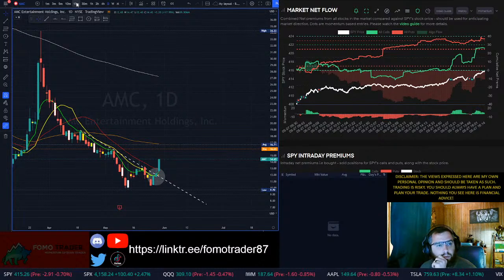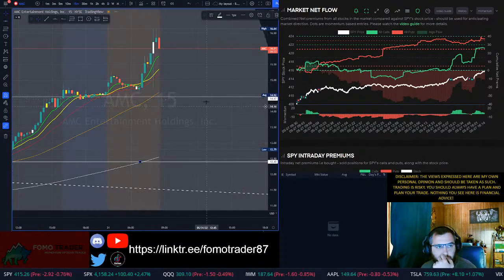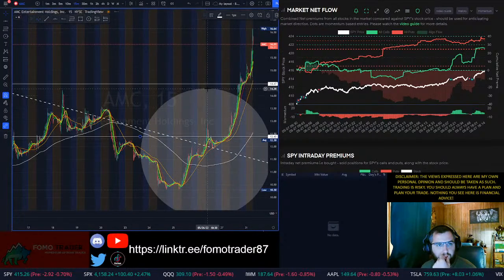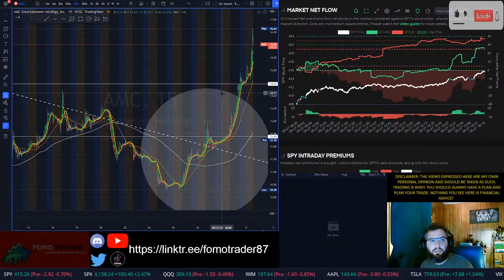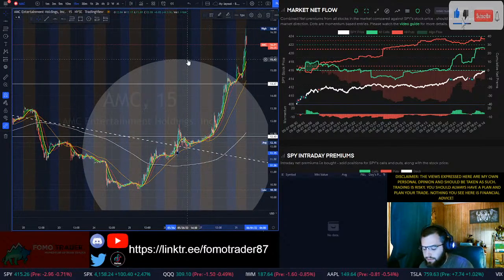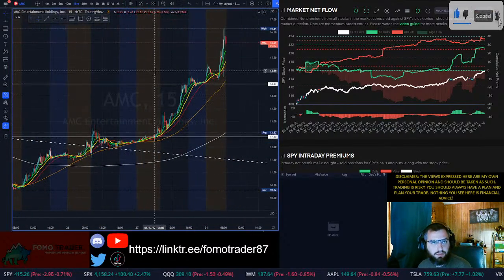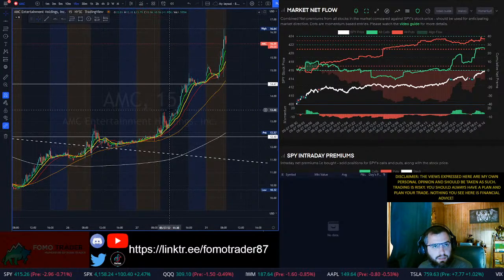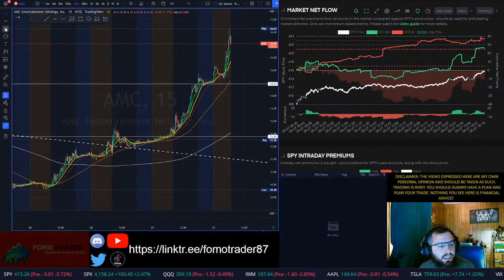So now we need to hold this level and stay above. So we're going to mark the high and the low. We had a nice little gap up, but currently selling off.